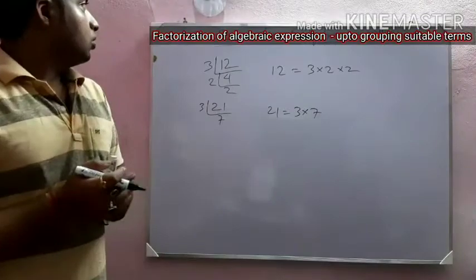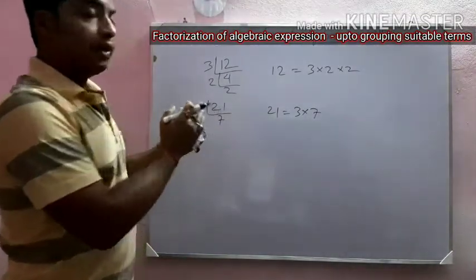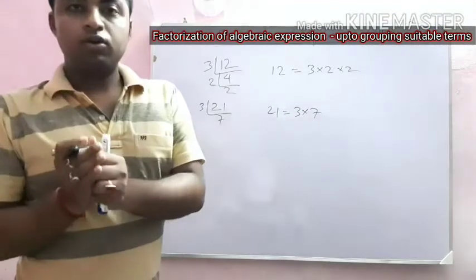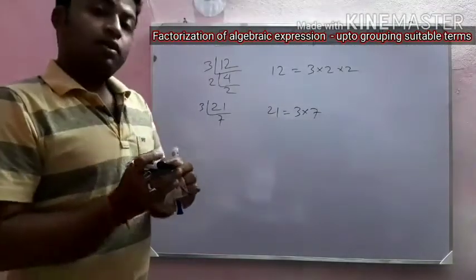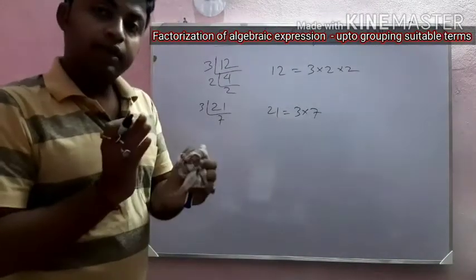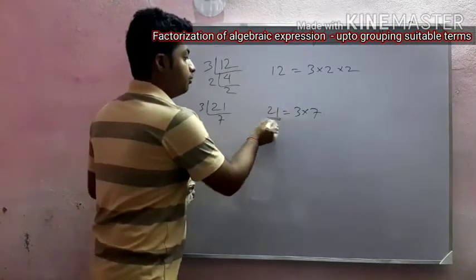So what now? Try to understand what factorization is. Factorization means we need to find the numbers which, if we multiply them with each other, give us the given number back.